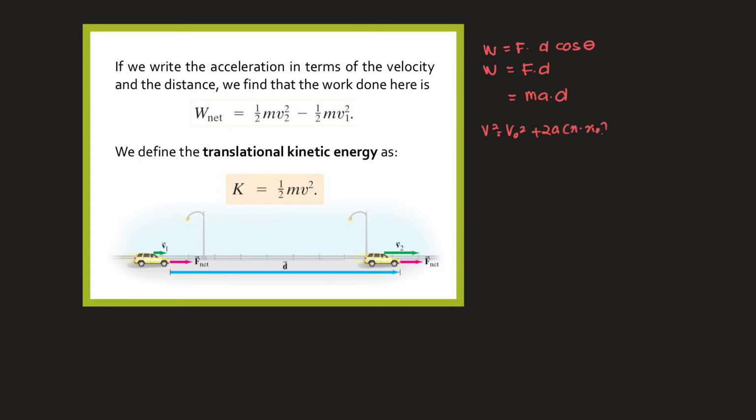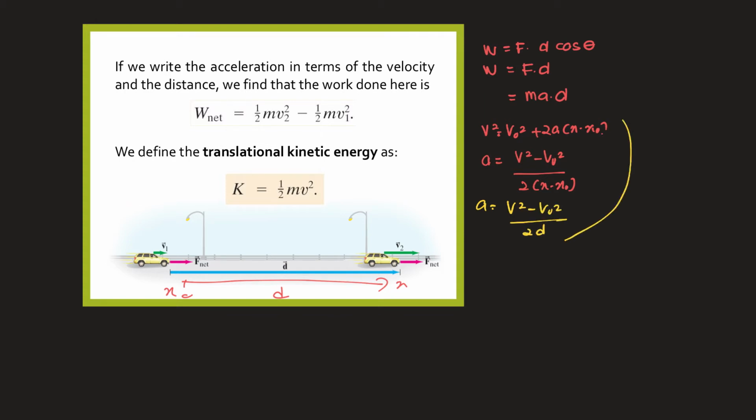You put a as the subject, so a equals v squared minus v naught squared over 2 times (s minus s naught). Here, s minus s naught is the displacement, so I'm going to change that into a equals v squared minus v naught squared over 2d.